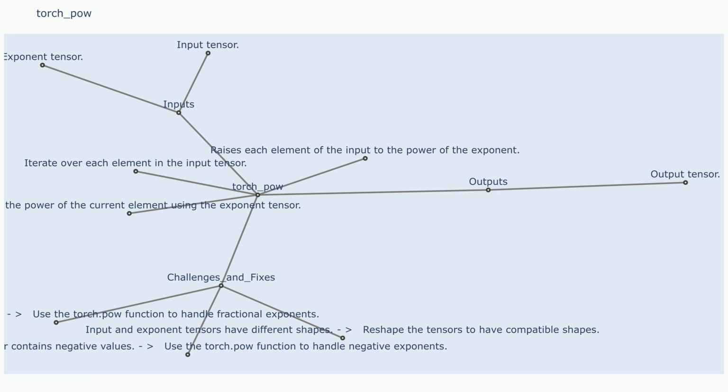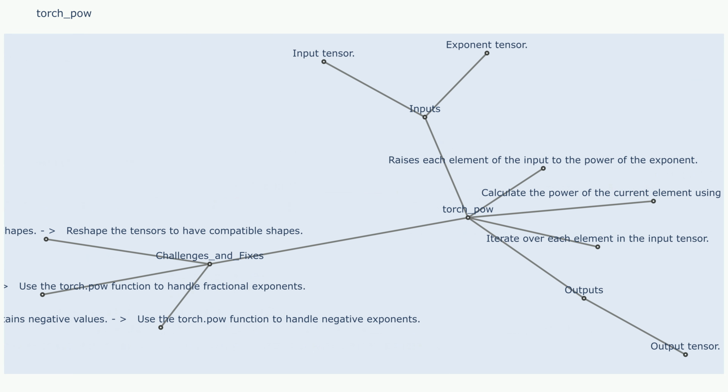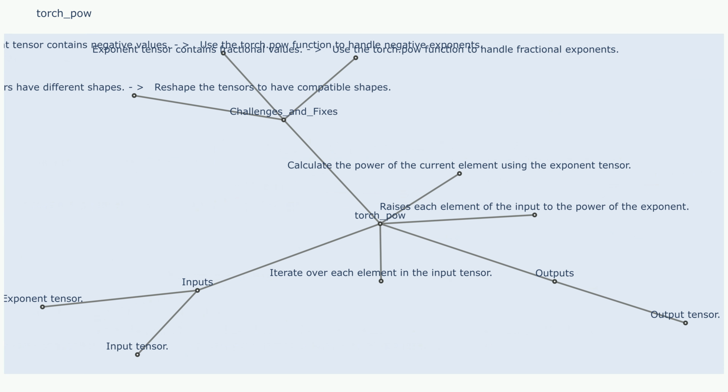torch.pow. Description. The torch.pow function computes the element-wise power of a tensor. It raises each element of the input tensor to the power specified by the exponent. Inputs. Input 1: input, the input tensor, which can be any type of tensor.